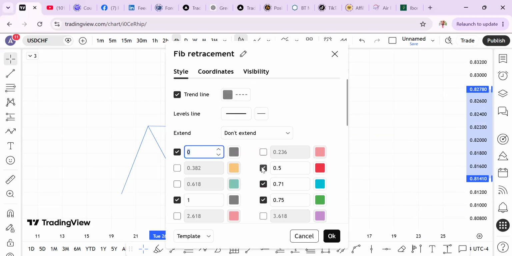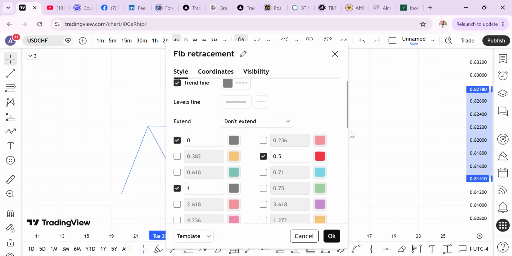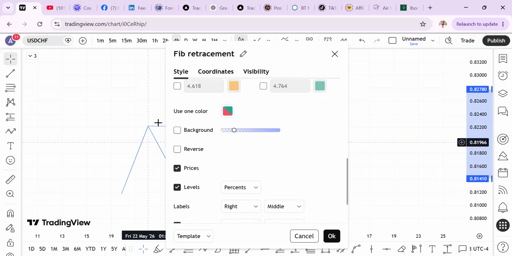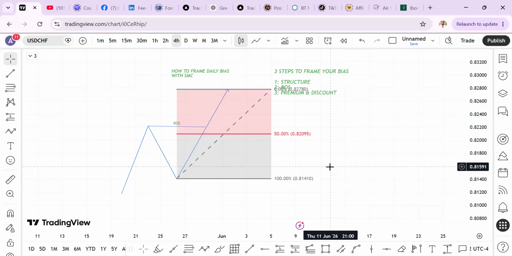Let me remove all this. I only need 0, 1, and 0.5. That is all. Then let me give background. Okay. So this is all I need for my Fibo.